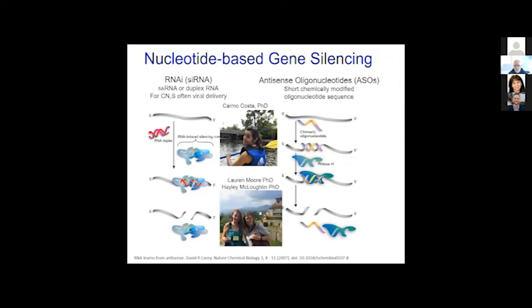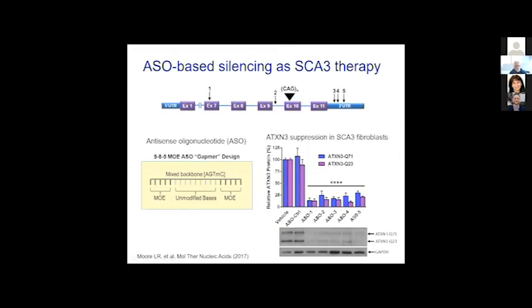More recently, we have focused, and this is the work again of Haley and Lauren Moore, who's now moved on to be the Chief Scientific Officer at the National Ataxia Foundation, on using antisense oligonucleotides to directly target the ataxin-3 gene. And using ASOs, I think you've heard about this before, so I'm not going to go through this in great detail.